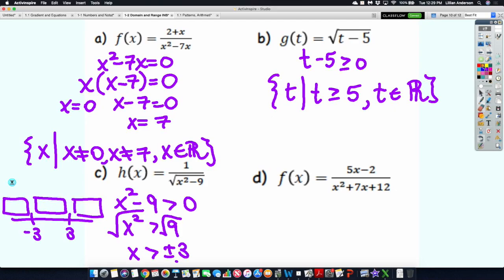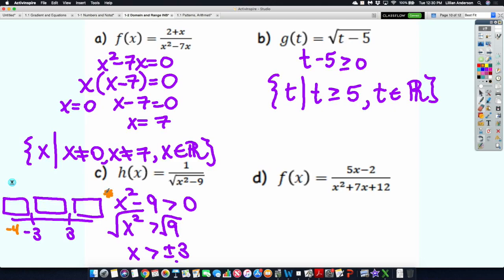Okay? So how do you figure out which one of these areas is actually the domain? Well, what's a number that's less than -3? -4. Okay? When I plug in -4, let's say, plug it back in here. What's -4 squared? 16. What is 16 minus 9? 7. Is that greater than 0?